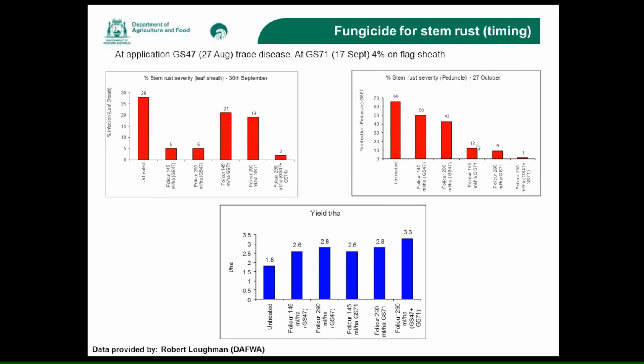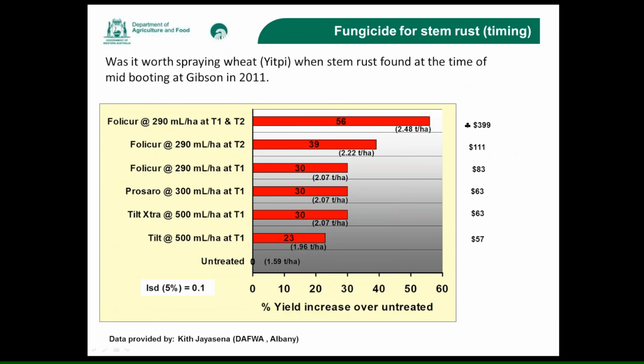Whereas the later spray had allowed disease to develop on the leaf sheath, but managed to protect the peduncle and head because they were out at the time of spraying. Hence we had this significant response, but where we protected both parts of the plant, we certainly had a combined response.